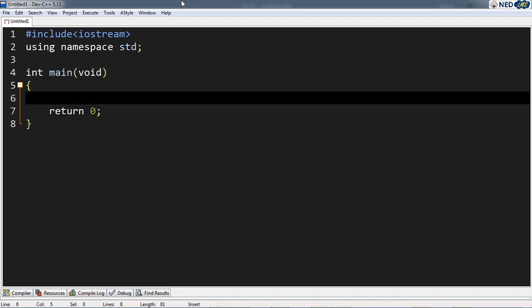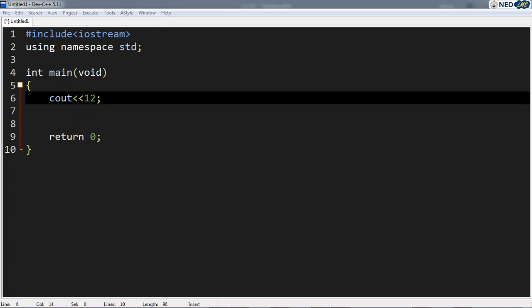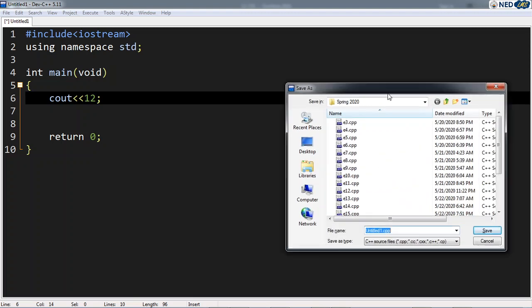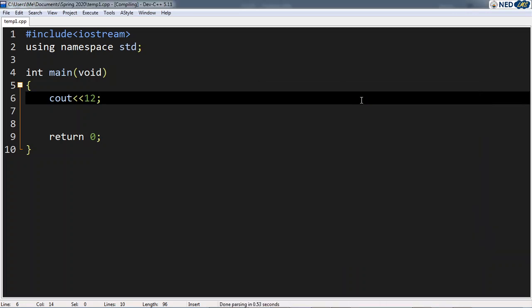Then I'm just going to cout some numbers, for example 12, and see what we get. Obviously we have 12 over here, so let's run this. F11 says to save this, so I'm going to save it as temp1, since temp is already there.